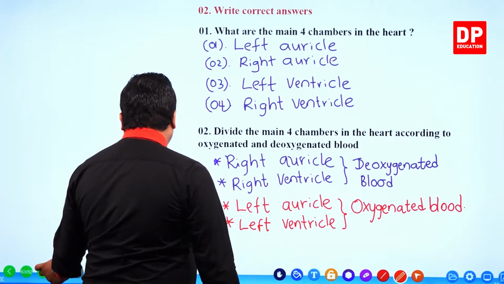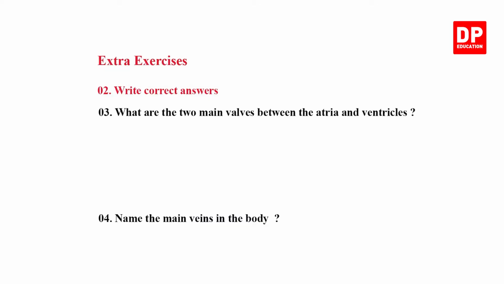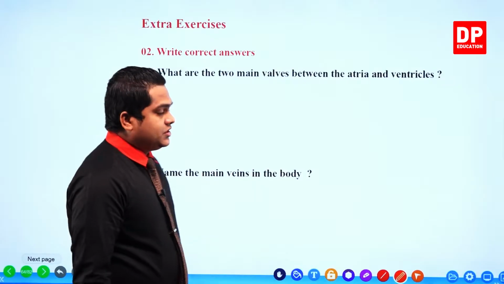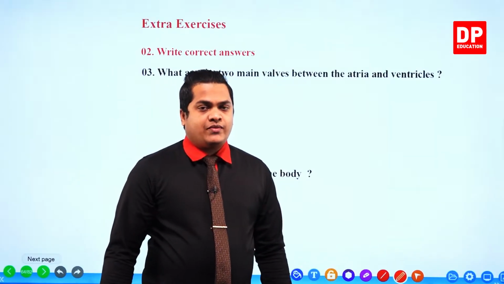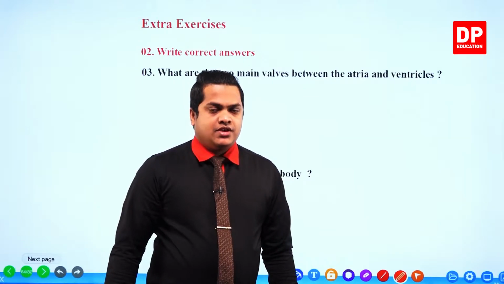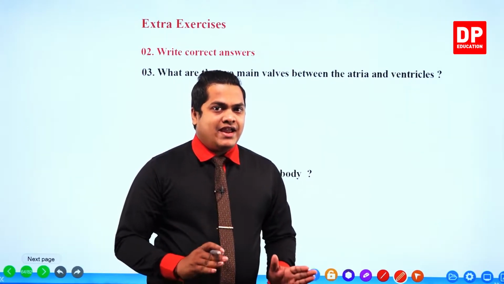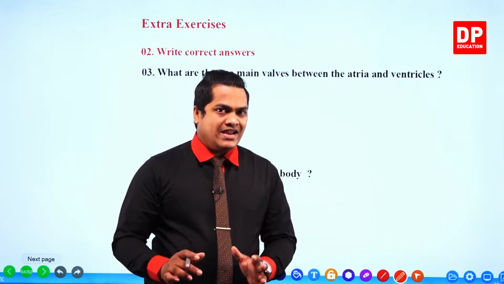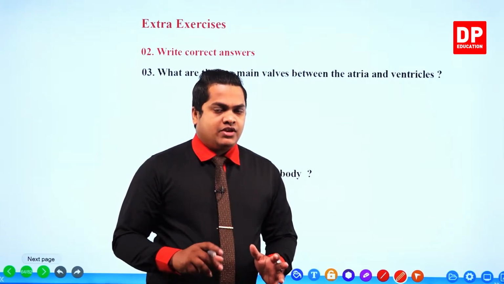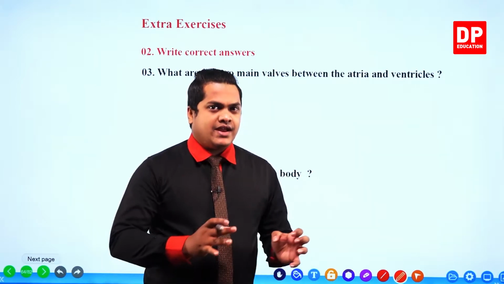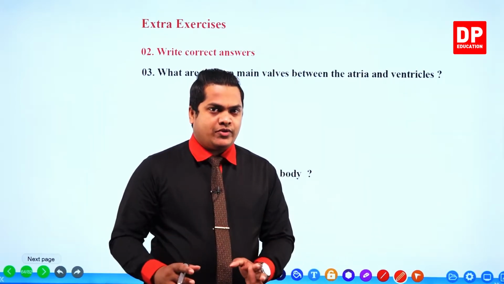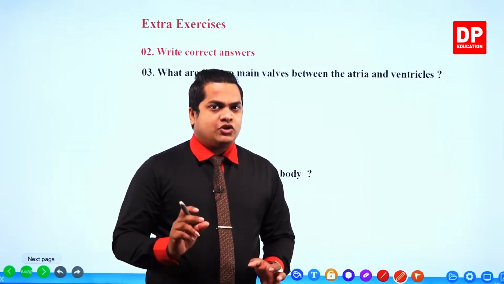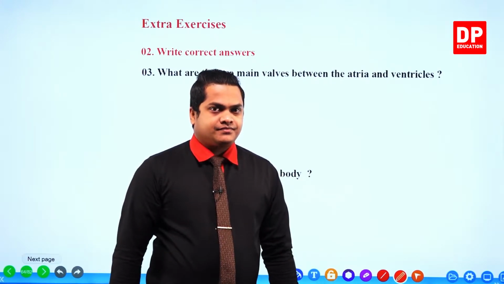The next question. What are the 2 main valves between atria and ventricles? Between the right atrium and the right ventricle, you can observe the tricuspid valve.